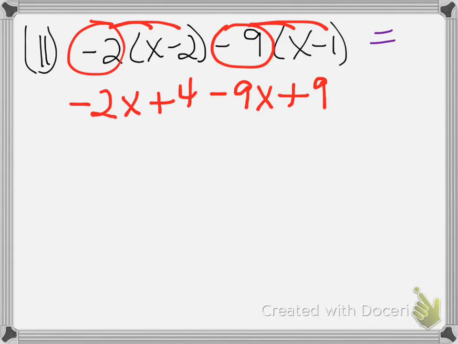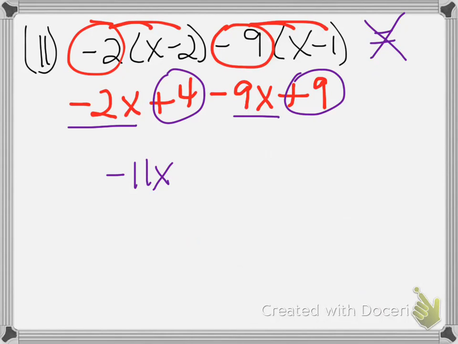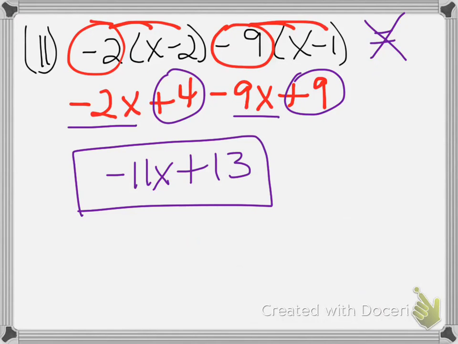There's not an equals over here. If it doesn't equal something, then you're not solving. So if you're not solving, then you're going to combine your like terms. Negative 2x plus negative 9x is negative 11x, plus 4 plus 9 is plus 13. I've combined my like terms, and that is my simplified problem.